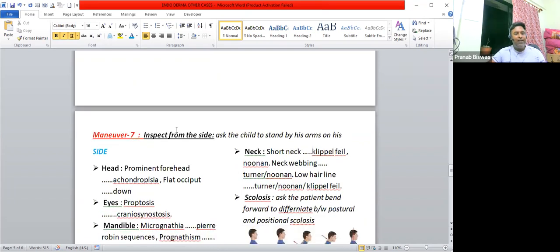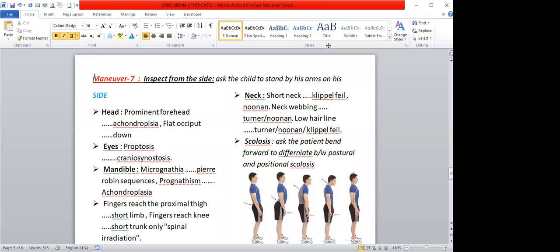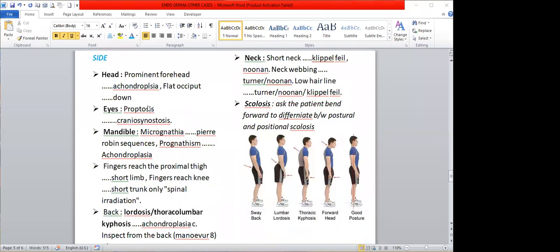Now, inspect from the side. Whenever we are inspecting the child from the side, what are the findings here? We need to see the head from the side. If there is a prominent forehead, that will be seen from the side view.